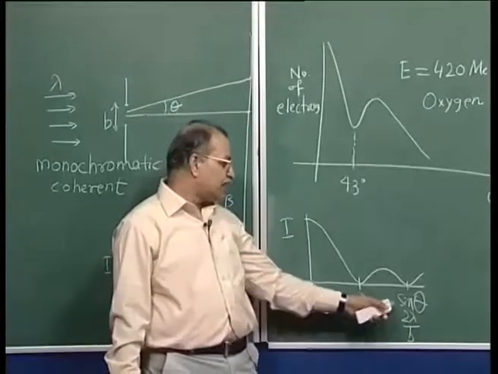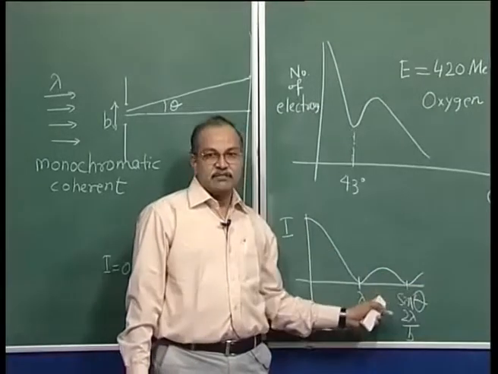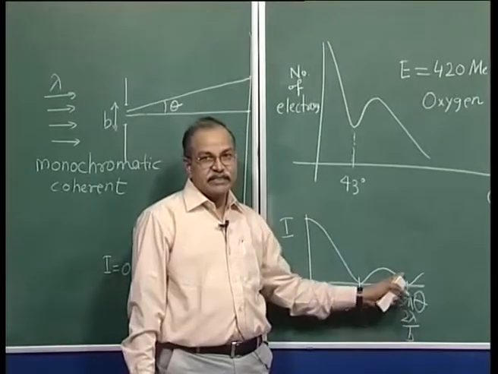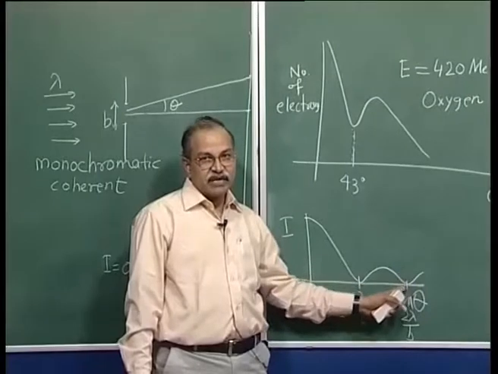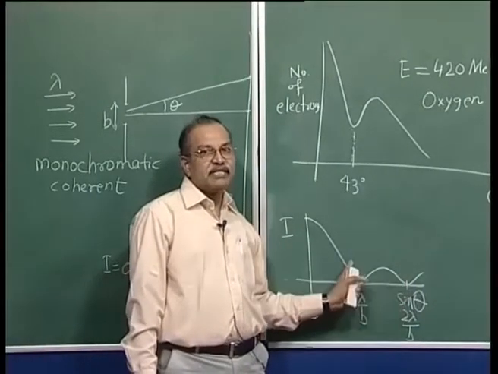So, wherever b sin theta is lambda or 2 lambda or 3 lambda, intensity becomes 0, in between the intensity is maximum, and that maximum intensity also drops if you compare with the previous maximum.